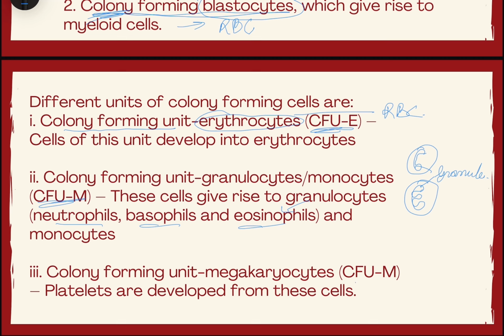So thus mainly three kinds: E standing for erythrocytes, GM where G stands for granulocytes and M for monocytes, and lastly M being the megakaryocytes that ultimately form the platelets.